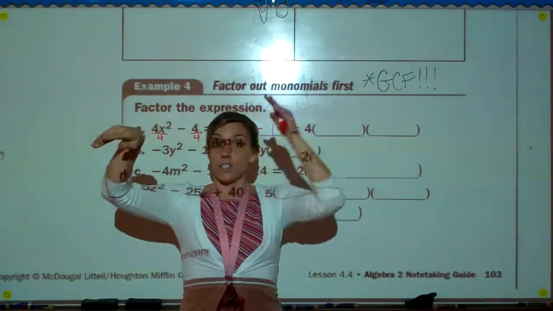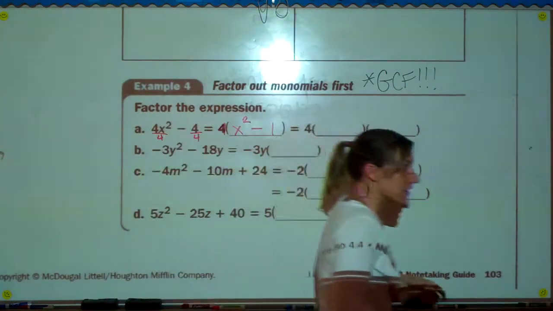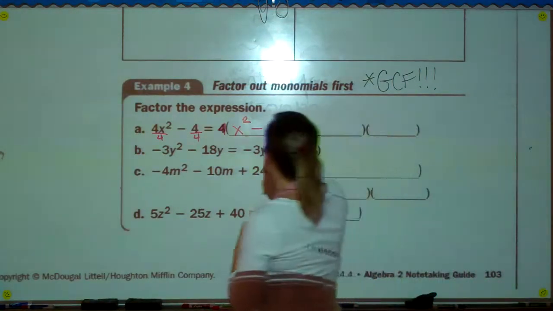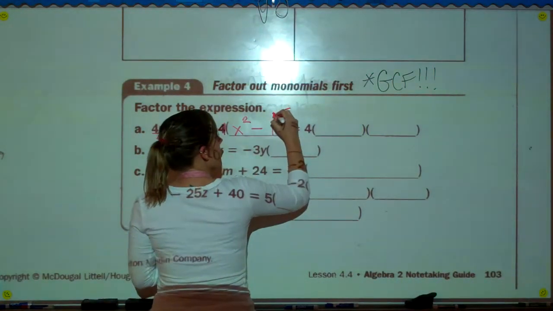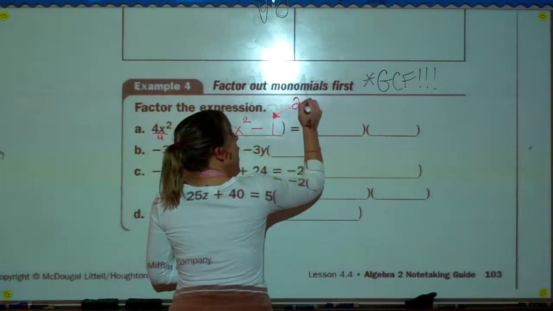Then you've got branches. So you ask yourself, well, which branch is this? All right, so what is this? Okay, what type of terms, how many terms is that? Well, that's 2 terms.